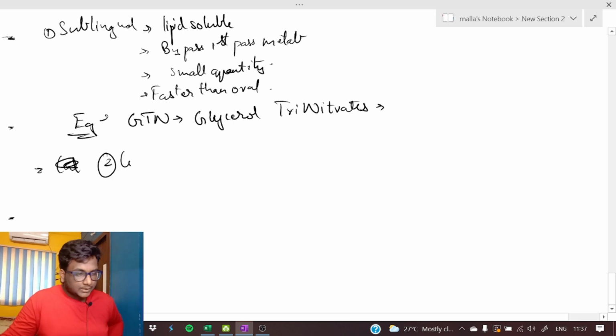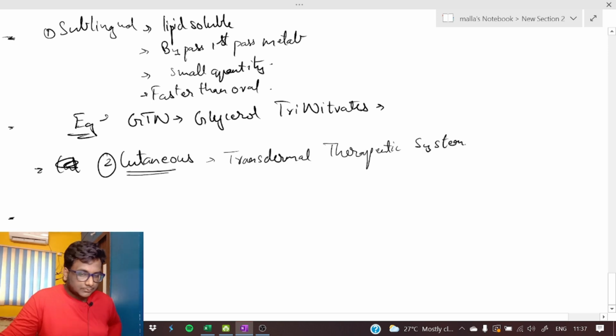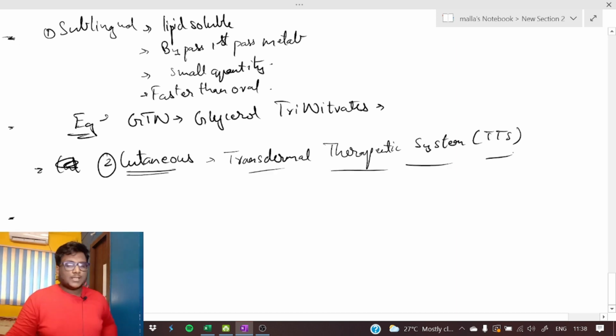So the second one is cutaneous, which also bypasses the liver. The main one is the transdermal therapeutic system, TTS, which is nothing but transdermal patches. It is applied like a patch on the skin, which slowly releases the drug into the systemic circulation. The main example for this also is GTN.